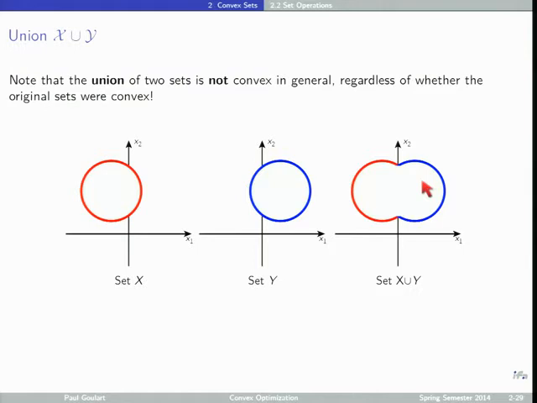This is not good. But there's a warning that you can't take the union, and most things that you would like to do to a convex set don't preserve convexity. So you can't scale it in a funny way. You can't take unions. There's all kinds of stuff. You can't take holes out of it and so on. So you have to be careful when you have convex sets that you only do operations on them that preserve convexity because you want to end up with a convex problem in the end.